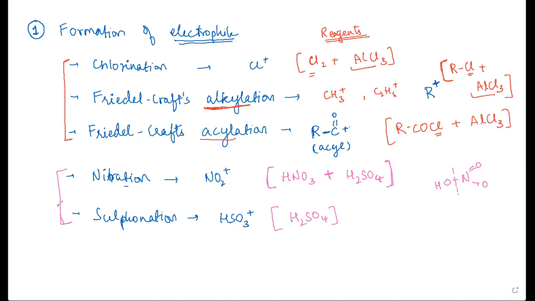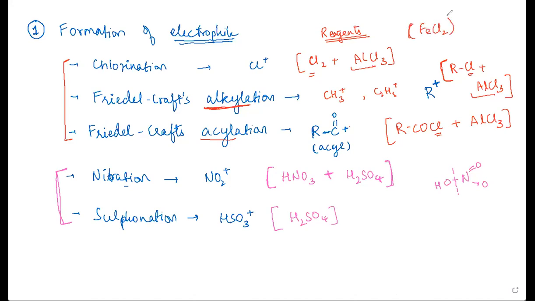So in the case of chlorination and Friedel-Crafts reactions, you take AlCl3 along with whatever generates your electrophile. As long as you have halogens here, you take a Lewis acid like AlCl3. Another alternative to AlCl3 is FeCl2.